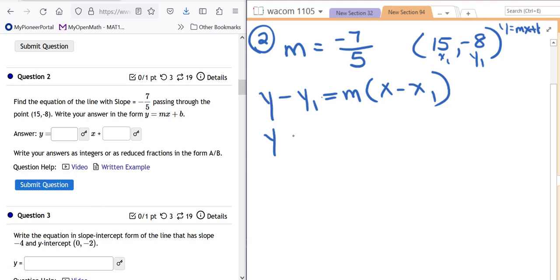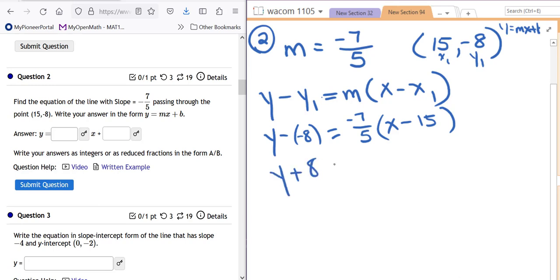So I have y minus a -8, which we'll clean up in a minute to make positive. My slope is -7/5. My x1 is 15. All right, so this is y plus 8 equals -7/5 times x minus 15.